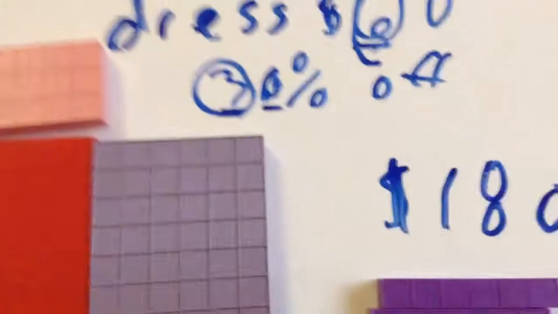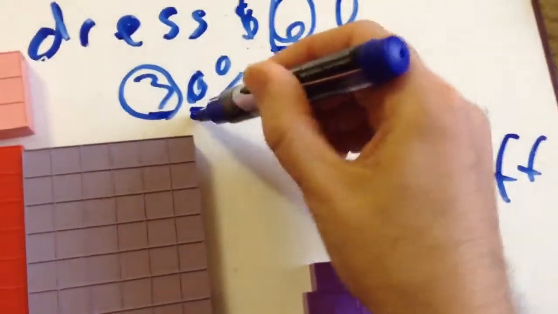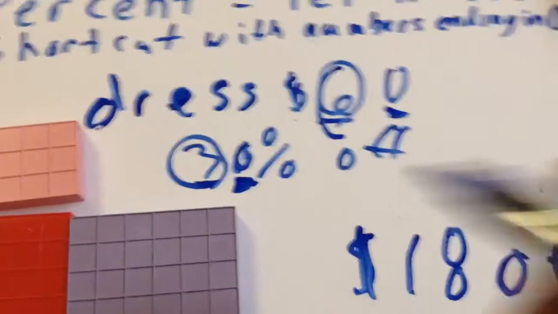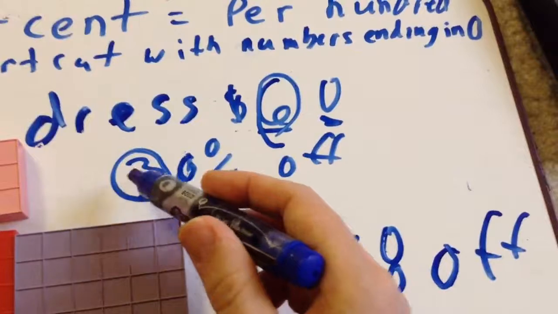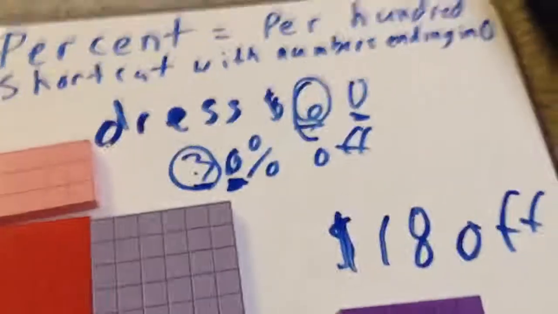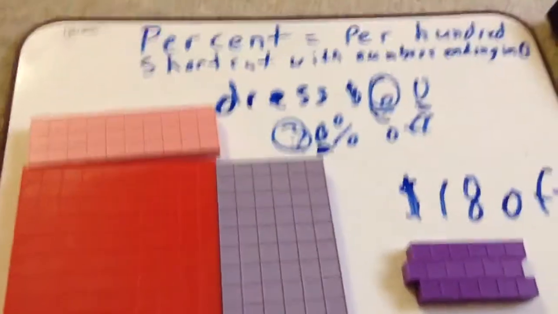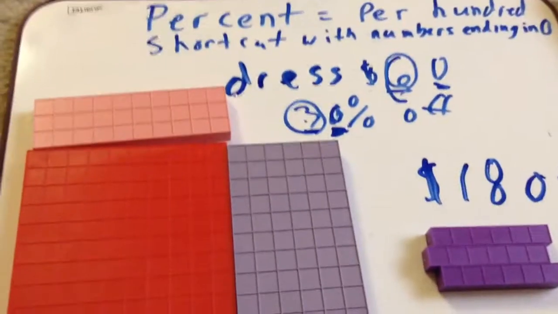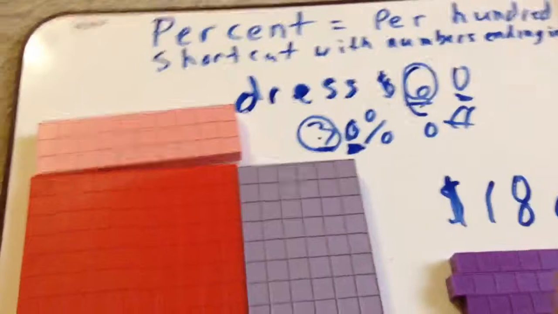You can only do this with numbers ending in 0. Okay, so if both numbers end in 0, then you can do this shortcut method with just multiplying the first digit of one number by the other digit of the other number. Now, what I really want you to get from this is a couple of things, and that is how to set up something called a proportion.